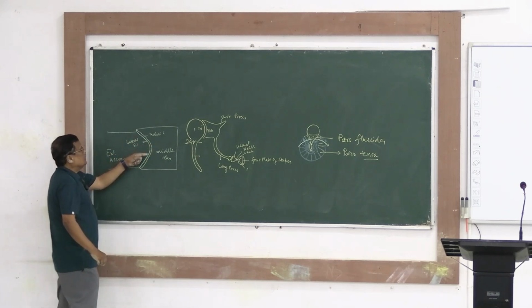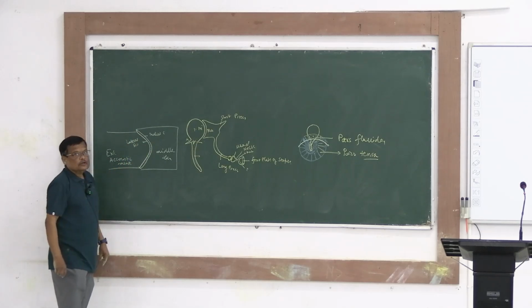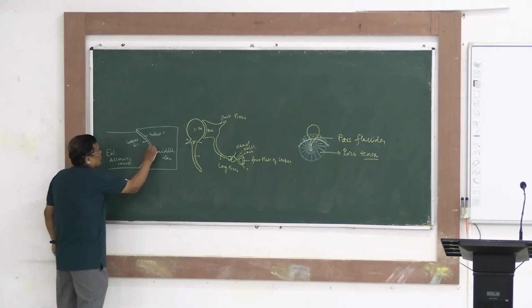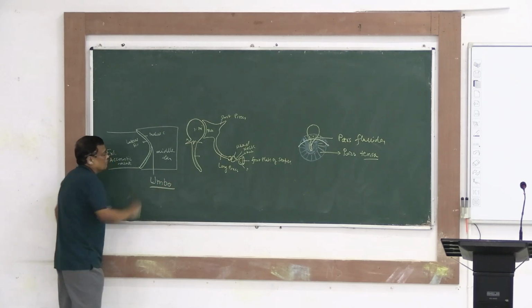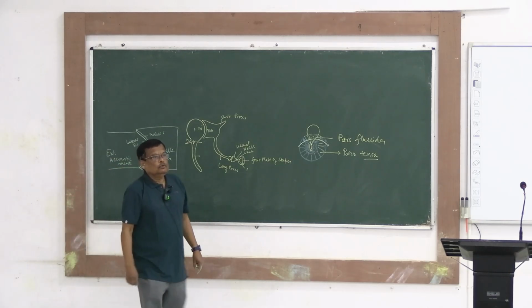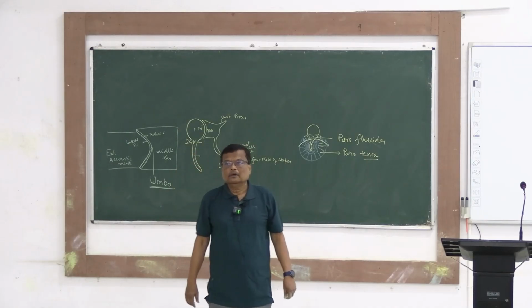The tympanic membrane is placed such that the lateral surface is concave and the medial surface is convex, and the maximum convexity we call the umbo, which can be easily seen through the otoscope.